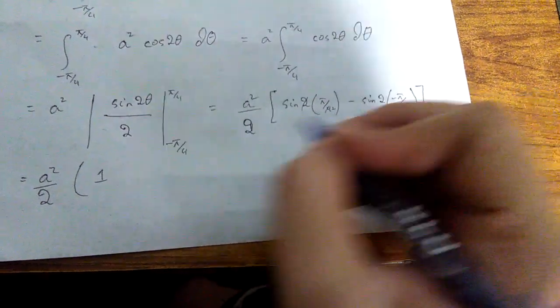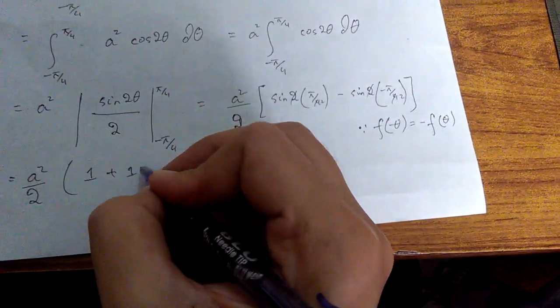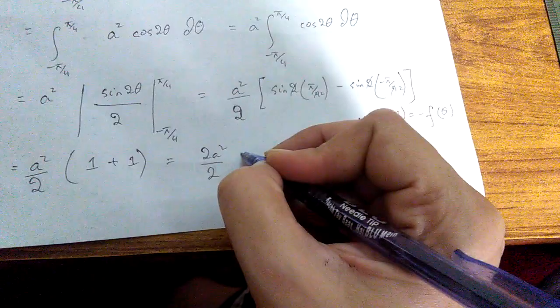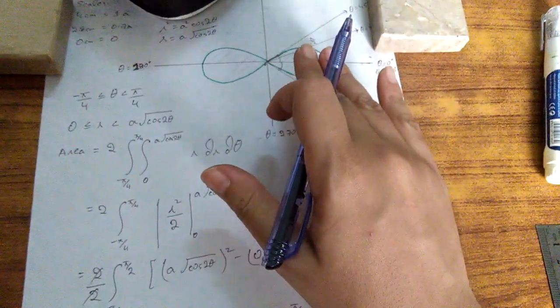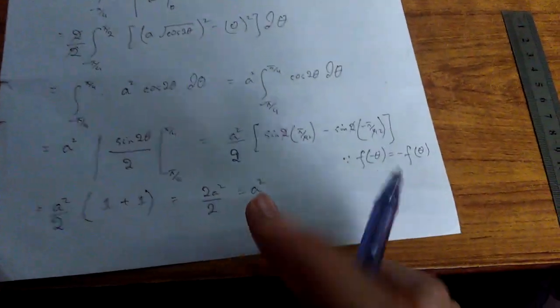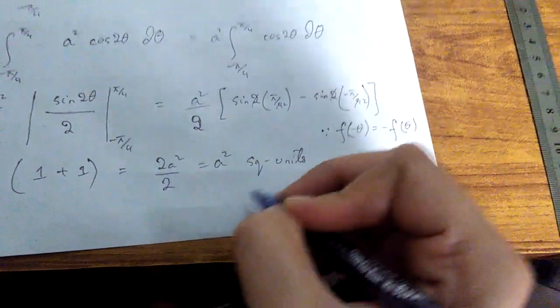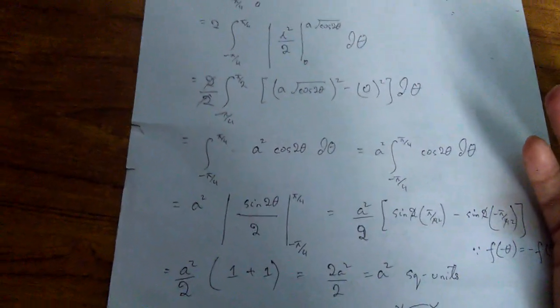This sign is outside, so it becomes plus, and sine pi by 2 is again 1. So it becomes 2a square upon 2, so it is a square. So the area of this full lemniscate is a square units.